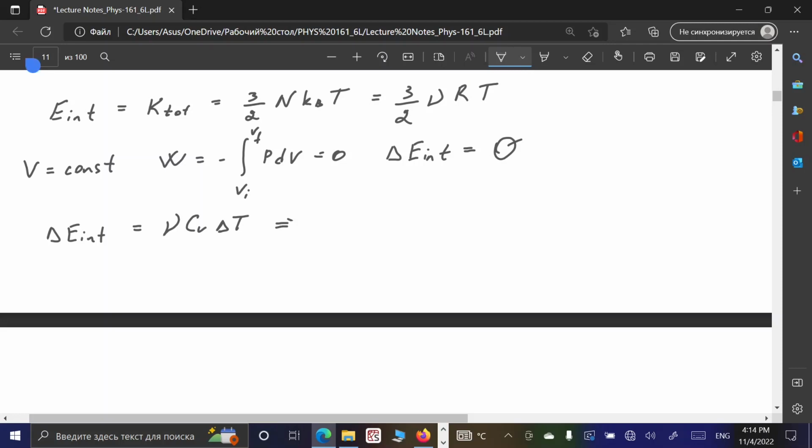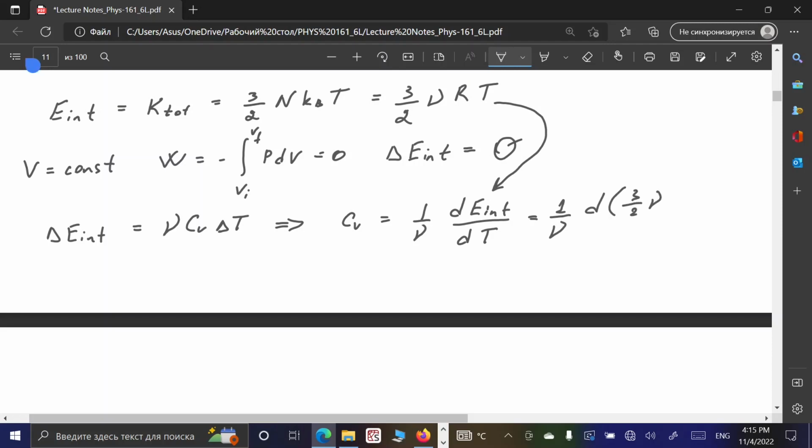From here, we write that Cv will be equal to 1 over nu, amount of moles, times first derivative of internal energy over temperature. Here we can substitute this expression for internal energy. So this will be 1 over nu times d of 3 halves nu times RT over dT.